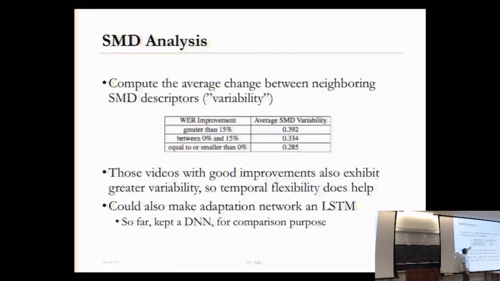On those recordings where we're not observing a word error rate improvement, the average speaker microphone distance variability, so the change in this input feature, is also very small. So on those recordings where we can detect a variability in the speaker microphone distance, those are also the ones where we're improving. So it does seem that the network does something useful to help us adapt to the speaker microphone distance.